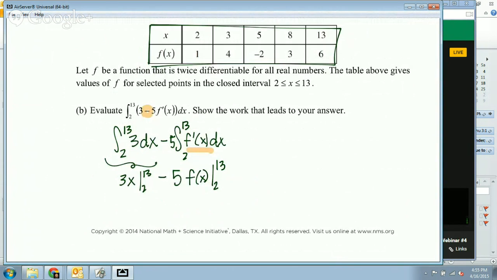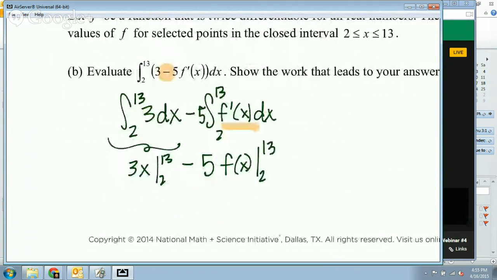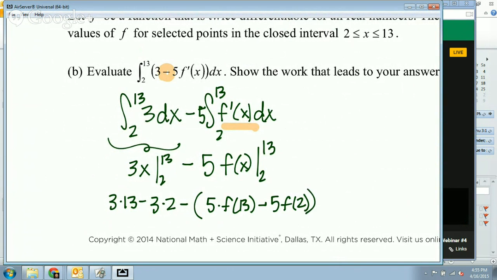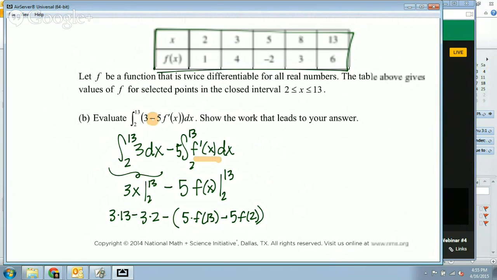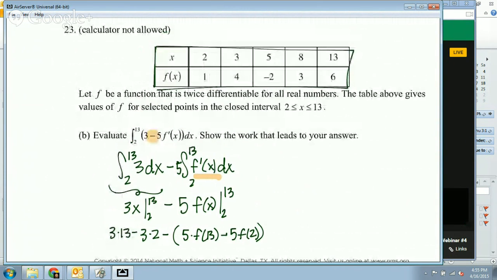So let's see what happens. So I've got 3 times 13 minus 3 times 2 minus the quantity, don't forget to put this in parentheses, 5 times f of 13 minus 5 times f of 2. Do I have f of 13 and f of 2? f of 13 is 6, f of 2 is 1.